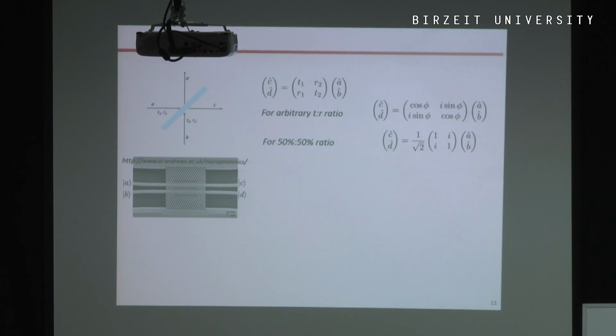Now, going back to our maths, we will only work with 50-50 beam splitters. So using this matrix equation, I can now create my 2 equations that will tell me how creation operators on the input will transform into creation operators on the output. And here are the equations.